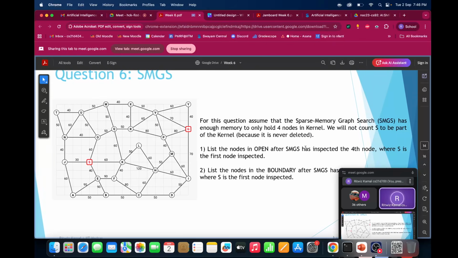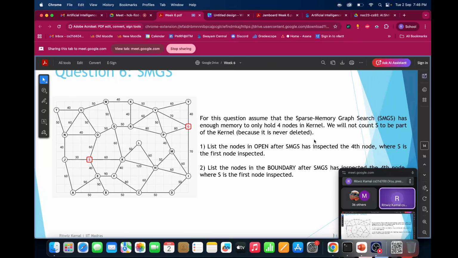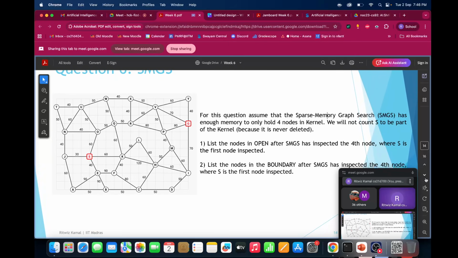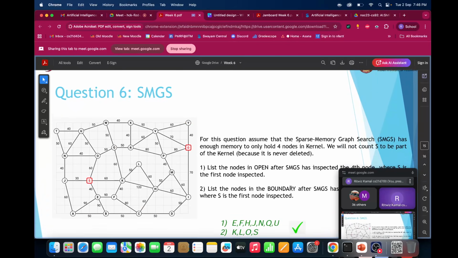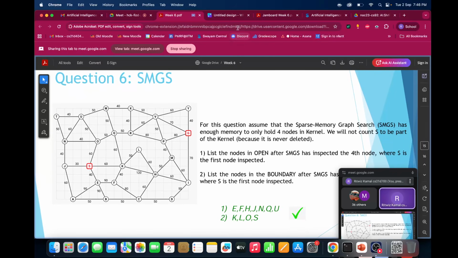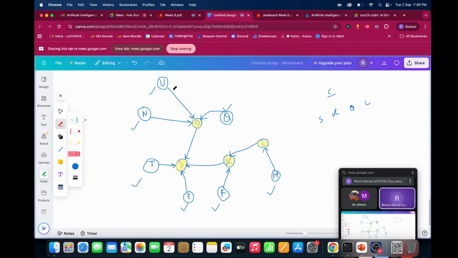Do you agree with me? Can you repeat the statement, please? So the open part is clear, right? Now we have to check which of the nodes in the closed list are going into boundary and which are going into kernel.